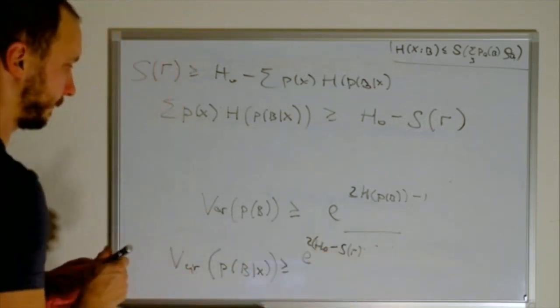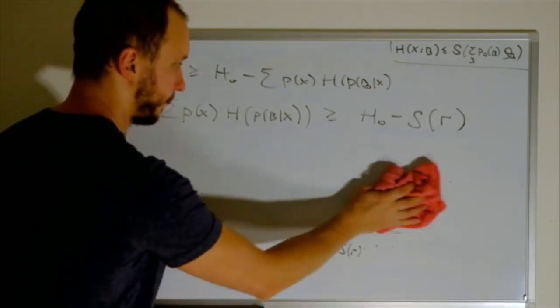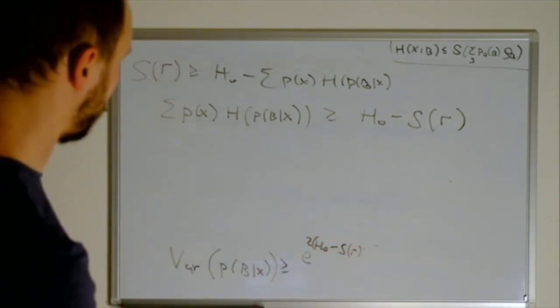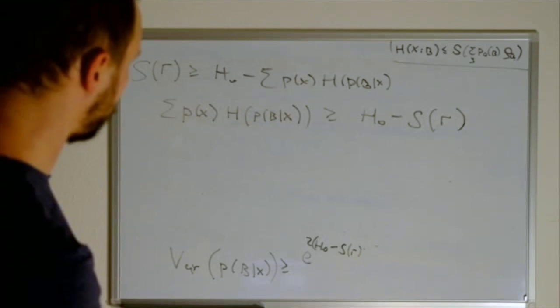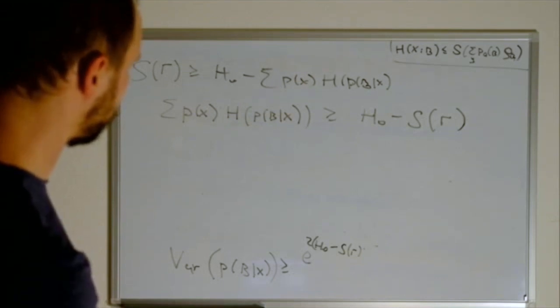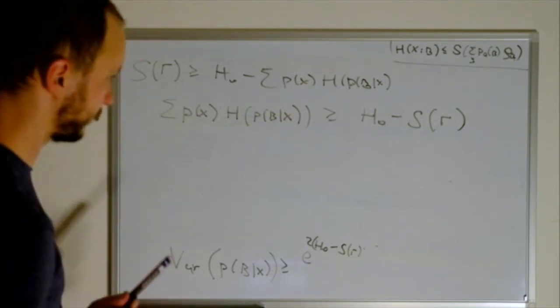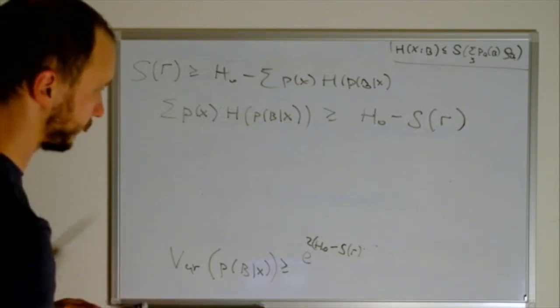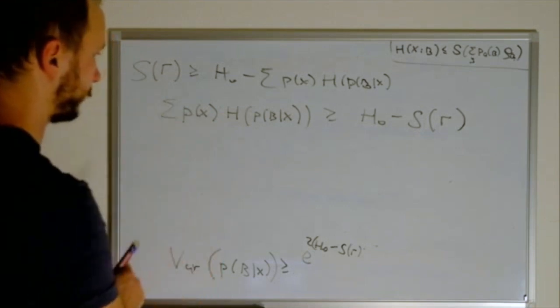So I write this one. Wait, no, this is not yet this, right? Because we need to take care of the convexity with this probability.